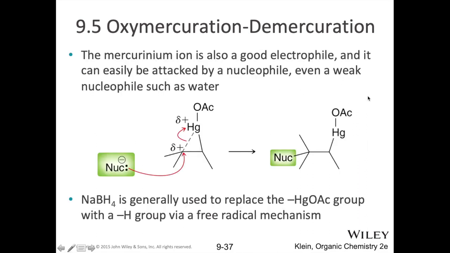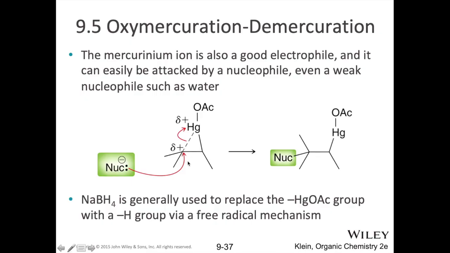All right, now you then have your nucleophile coming in, okay, and that attacks your carbocation. In your mercurinium ion, the partial positive charge is more stable on the more substituted carbon, right?